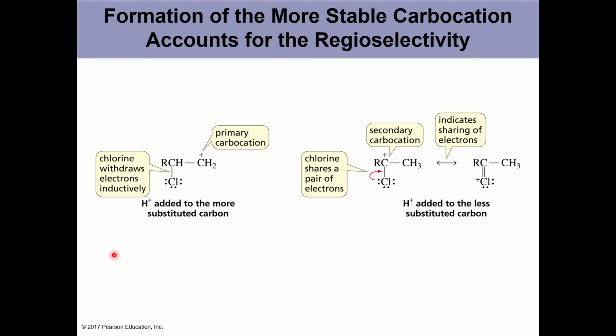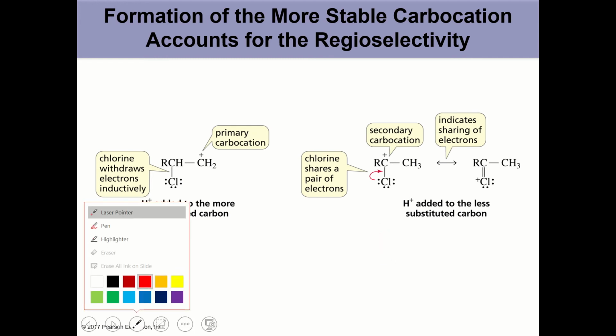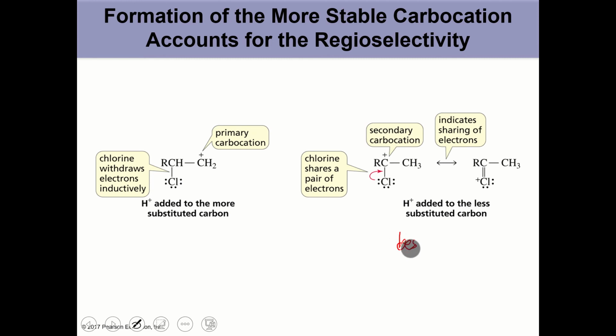While chlorine would not like to donate electron density, it can donate electrons to make a pi bond to the positively charged carbon and become positive. But you should remember from your Lewis structure rules that the best Lewis structure has the positive charge on the less electronegative atom.